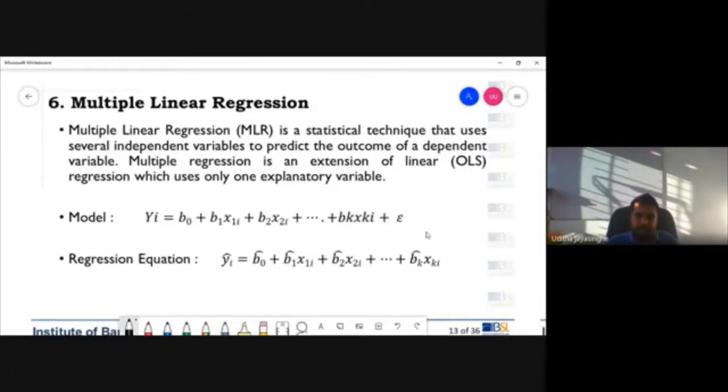Sorry about the small typo. This is going to be bk and xki. Okay, sorry, I messed up the subscript and superscript here. This is the model that we can find for such a relationship. Now, if you look at our previous discussion, what did we come up with?